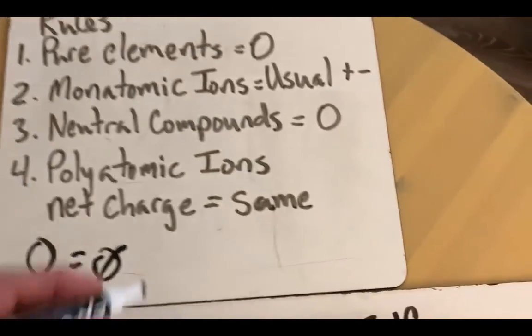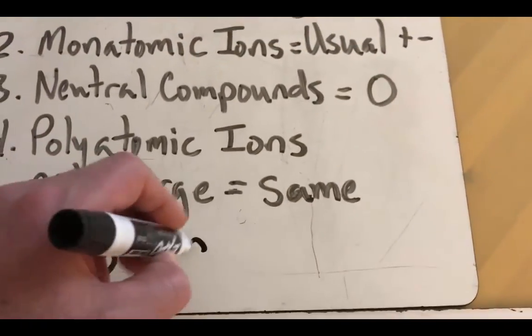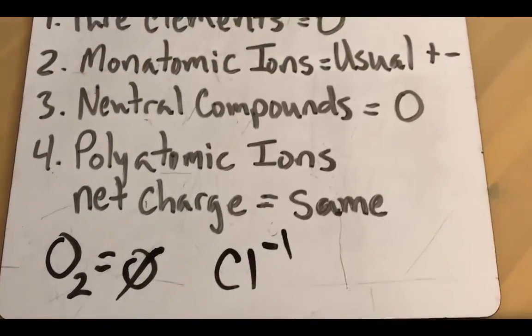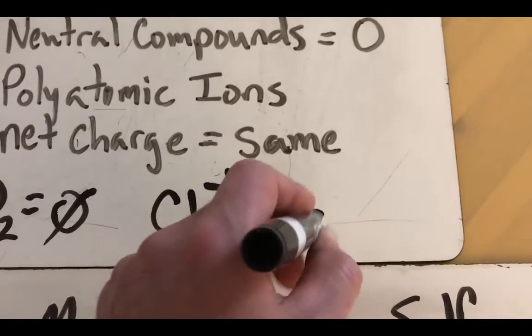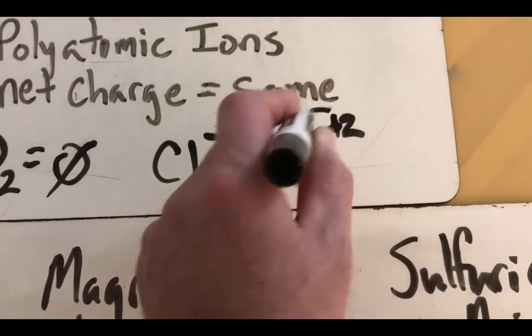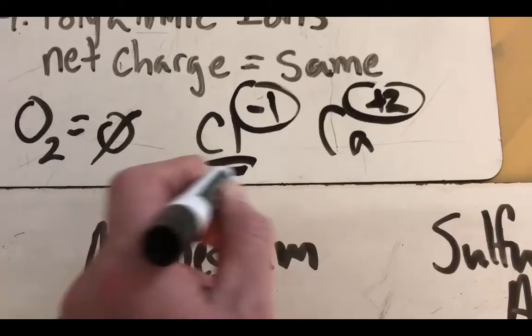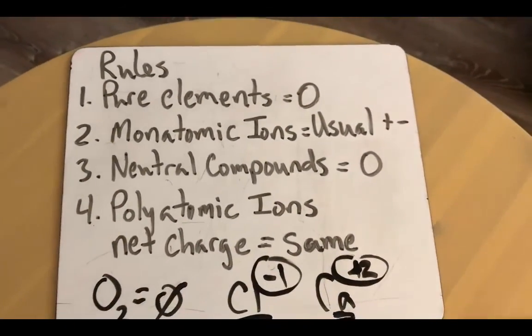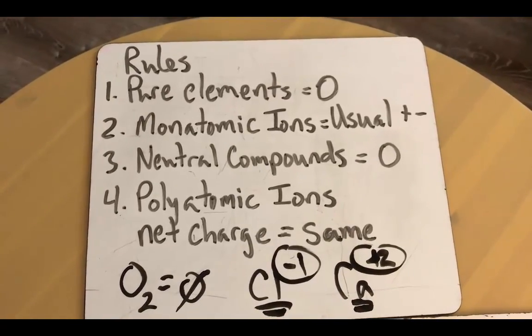What does that mean? If I had chlorine by itself, it would be its -1 charge. If I had calcium by itself, it would be its +2. So these would be the typical values if these things are by themselves. So that's what that prefix mono means. So that kind of goes over the rules.